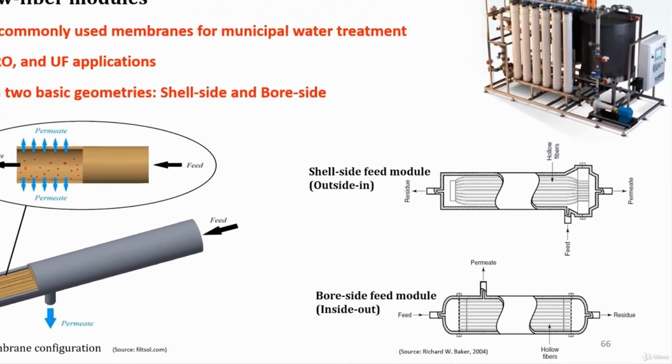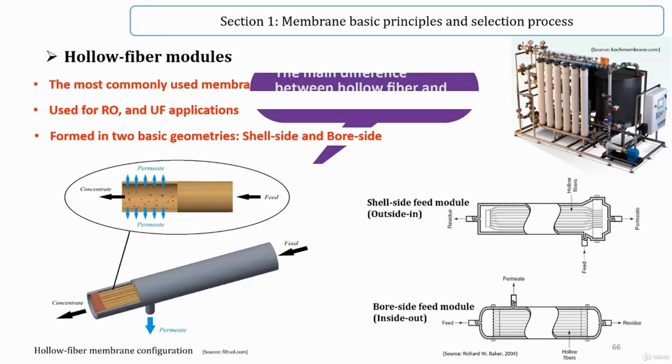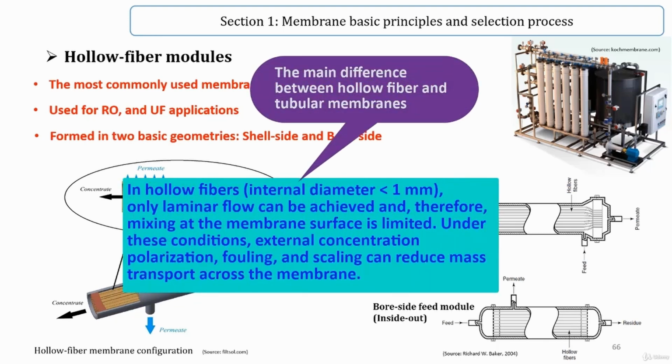The main difference between hollow fiber and tubular membranes is the flow regime that can be achieved on the bore side. In hollow fiber, where the internal diameter is less than 1 millimeter, only laminar flow can be achieved and therefore mixing at the membrane surface is limited.